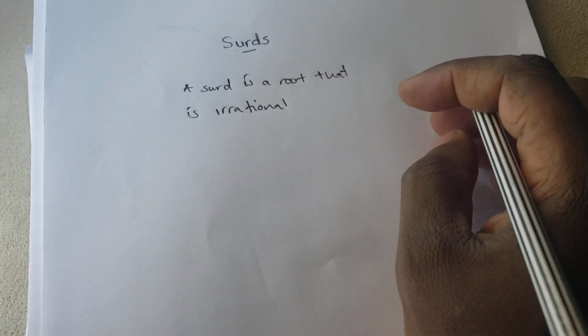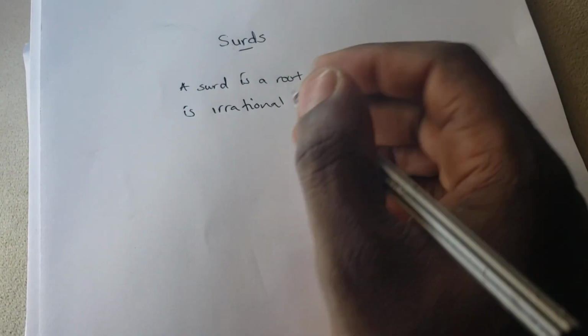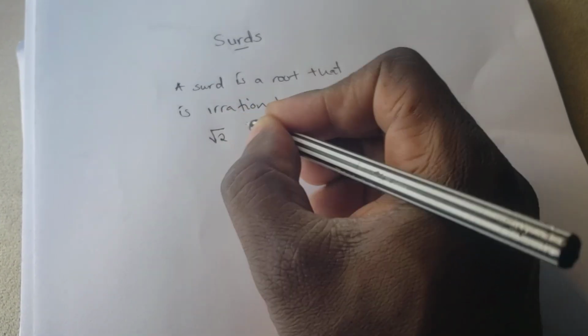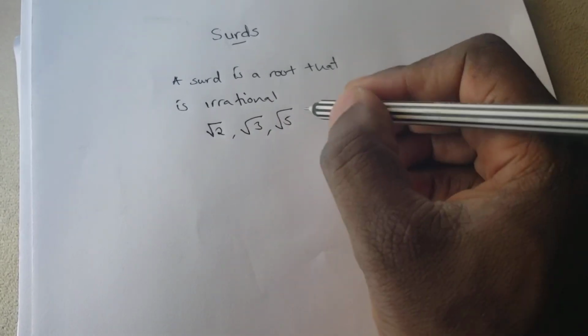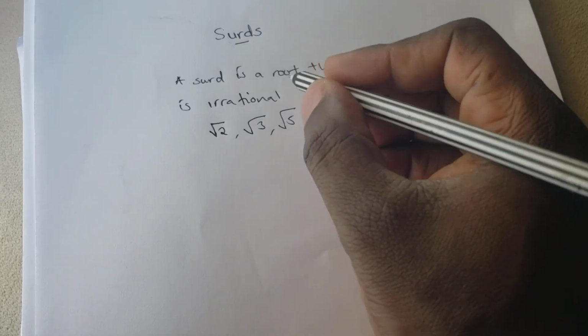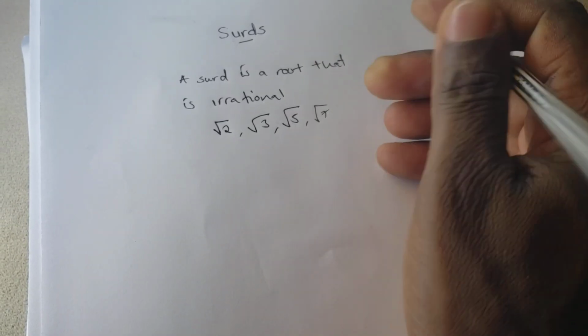It's the root that is irrational. And examples of surds are root 2, root 3, root 5, and so forth. We can even include root 7.